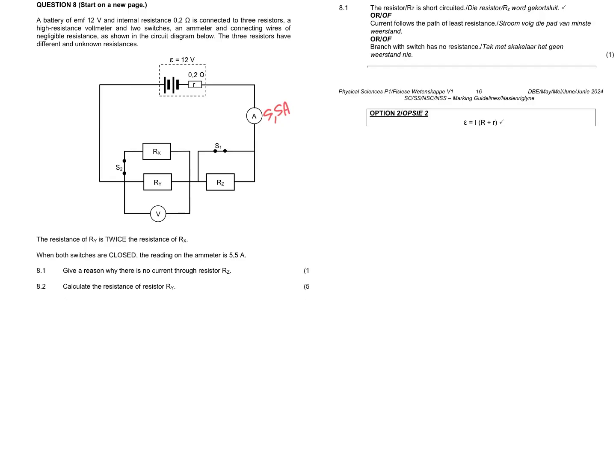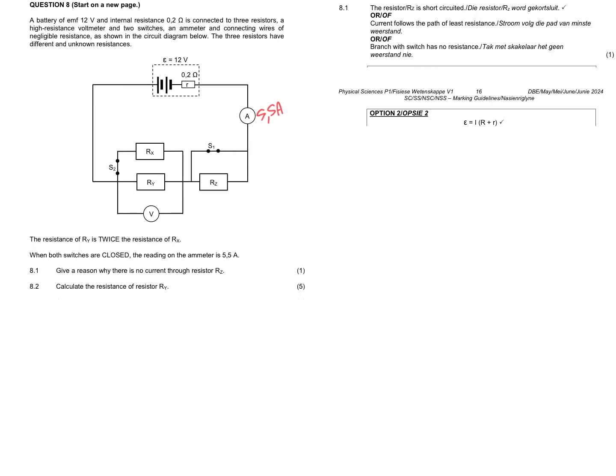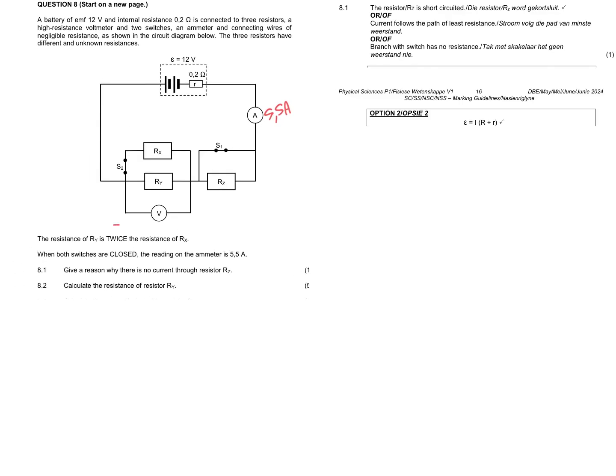They want you to calculate the resistance of resistor RY, and the resistance of RY, it says here, is twice that of RX. So at the moment we have an EMF number, we have a little r number, and we have an I number. If we have those, we can use the EMF formula.